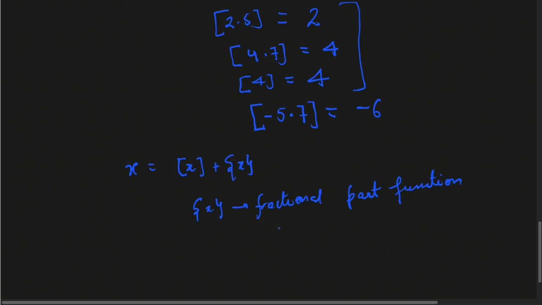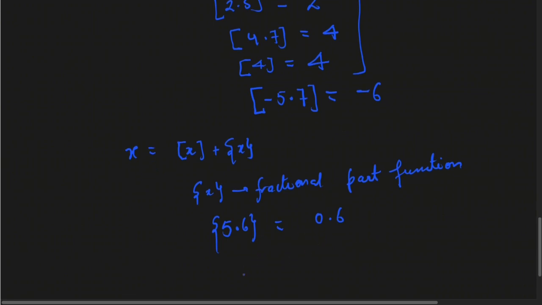So this is actually the fractional part of any number. Let us see the number 5.6. What will be the fractional part of this? It will be 0.6, because we have 5 plus 0.6. 5 is the greatest integer, that is, 5 is an integer, and 0.6 is the fraction.